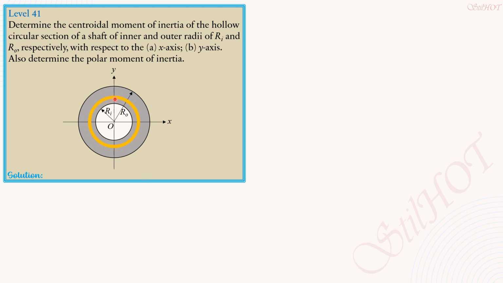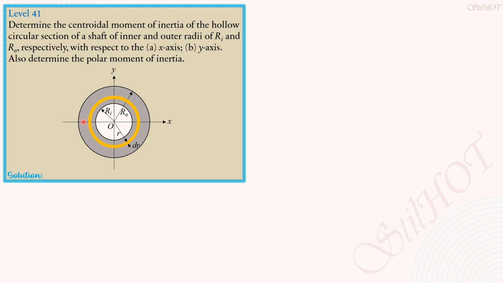So this is our differential element. The distance from O to this element is r. That's the constant distance, small r. The thickness is dr. And by definition, differential I sub O, let's derive the polar moment of inertia first, is equal to distance squared times differential area, where the differential area is the length of this strip.